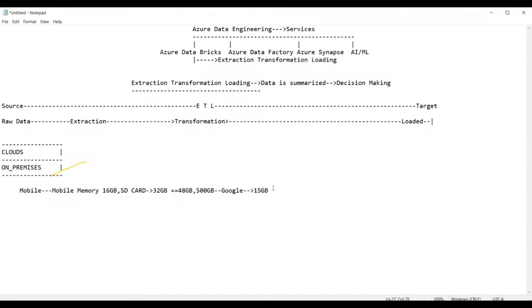External hard disk, that is fine. But I want the data. Okay, no problem. One more way is that you can ask Google to increase the size, that means from 15 GB to 500 GB.